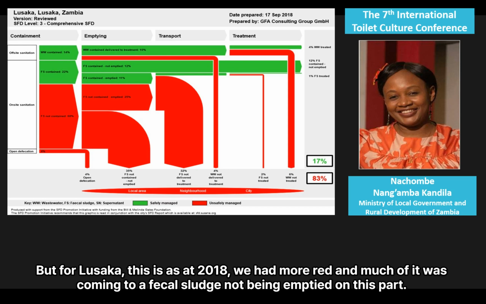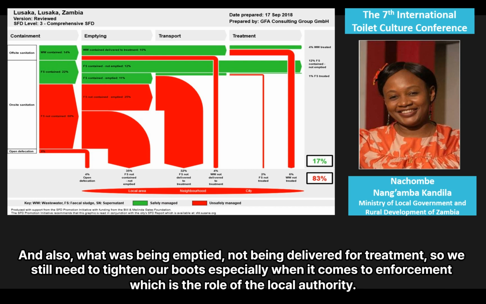But for Lusaka, as at 2018, we had more red, and much of it was coming from fecal sludge not being emptied, and also what was being emptied not being delivered for treatment. So we still need to tighten our belts, especially when it comes to enforcement, which of course is the role of the local authority.